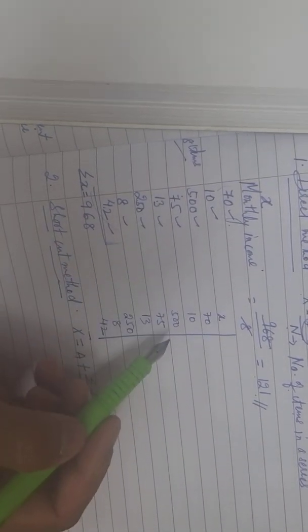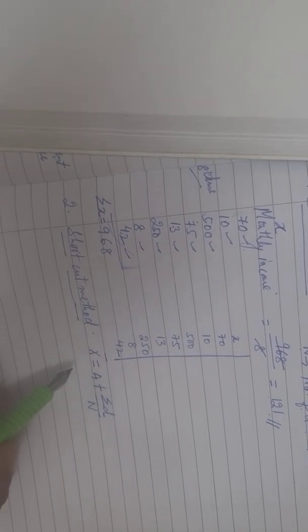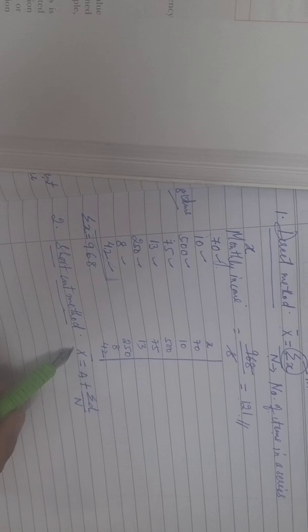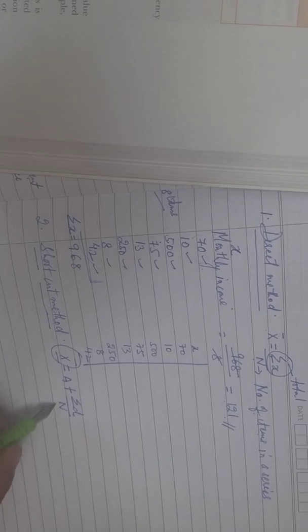Now, same problem. I will use the shortcut method formula to find out the arithmetic mean. Is that clear? This n we know already, right? What is this n?